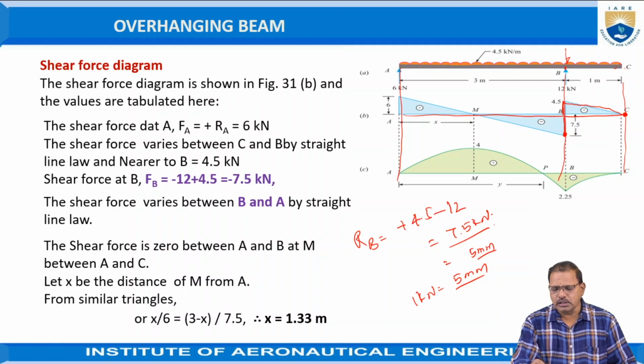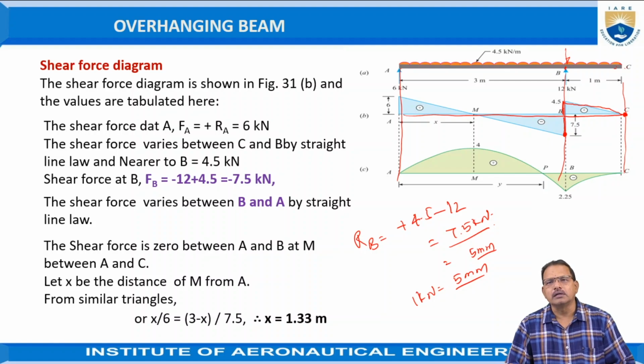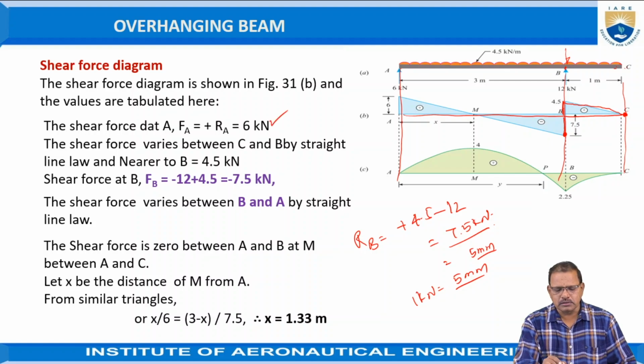And again, the shear force at A: since no additional force is acting, and the beam is not overhanging on the other side, it is equal to the reaction force acting at end A. According to the problem, the reaction at A is 6 kilonewtons. Hence, draw the 6 kilonewtons.